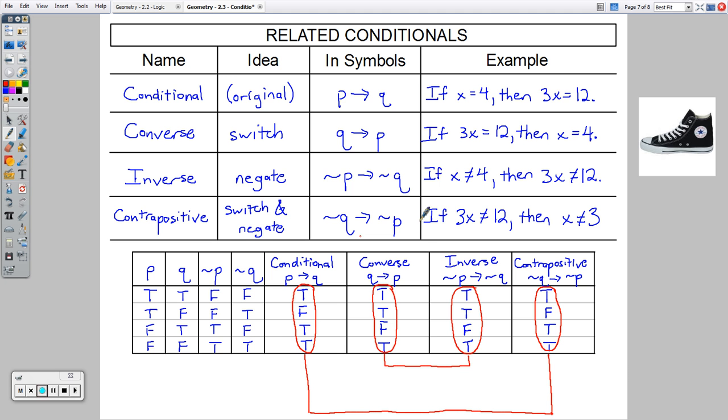So conditional and contrapositive, and then converse and inverse, these are in pairs logically equivalent to each other. So it's important to remember that if you have a true conditional, you're going to have a true contrapositive. If you have a true converse, you're going to have a true inverse. If you have a false conditional, you're going to have a false contrapositive. And if you have a false converse, you're going to have a false inverse. These are logically equivalent because of that.